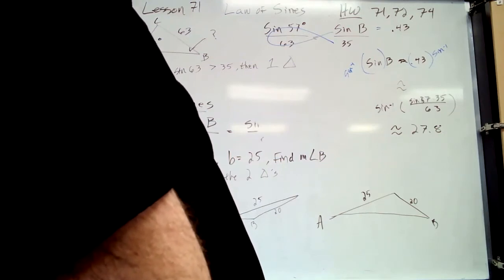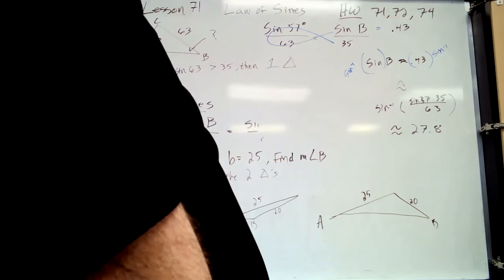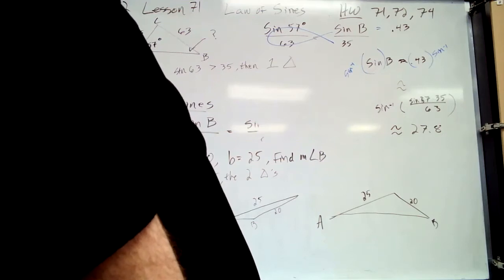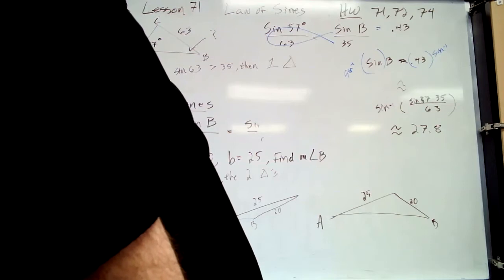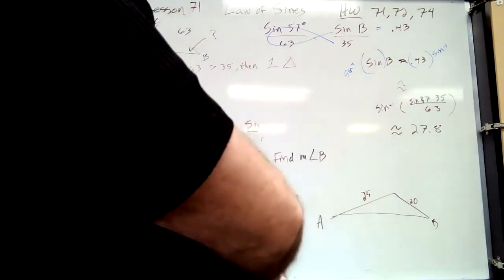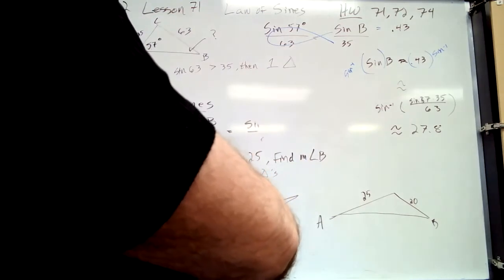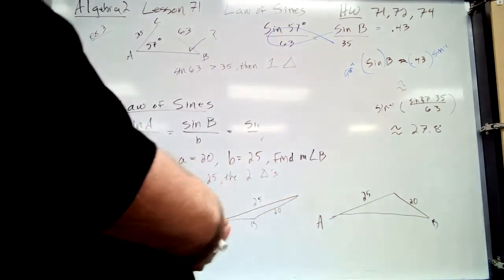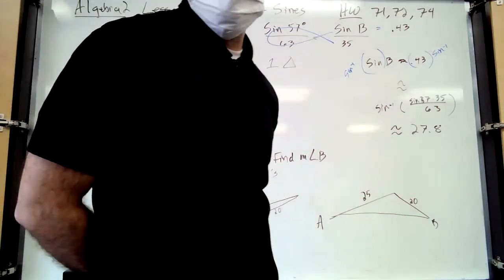But once you get down to the inverse sine, I only got one answer out of that. And you got, what did you get? 17.6 degrees. Okay. So it could be 17.6 or it could be 180 minus 17.6.